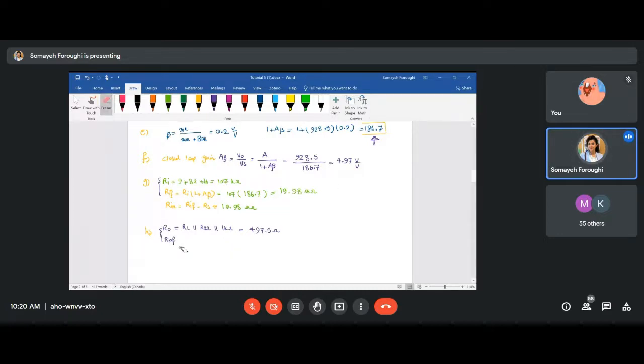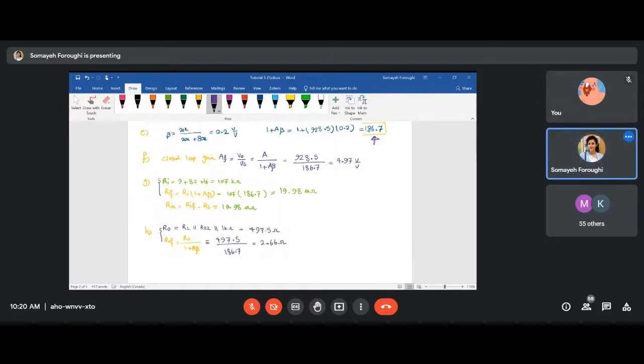Remember, Rof will become Ro divided by 1 plus A beta. Now if I substitute the values, Ro is 497.5, and we found 1 plus A beta in the previous parts, it's 186.7. So finally, your Rof is going to be 2.66.